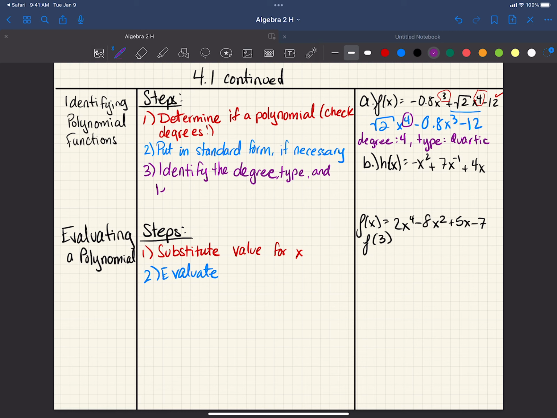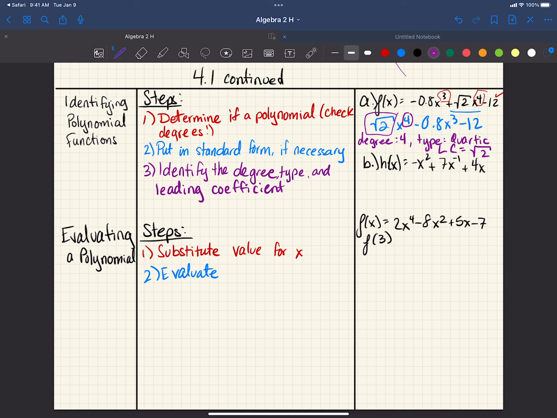We need to identify the leading coefficient, which in this case, I'm just going to call it the LC. The LC is the square root of 2. This is my leading coefficient. It is the number attached to the x to the fourth.